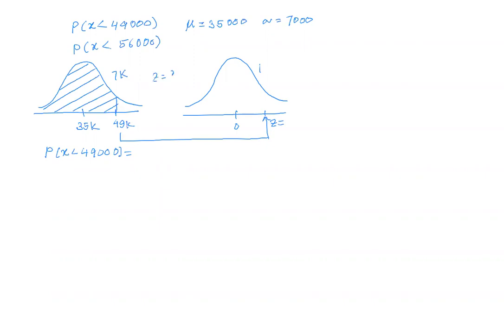Z is equal to X minus mu over sigma. I can go back and forth between these two, and I'm just going to find it right here. Z is equal to X minus mu over sigma. X is the point in question, which is 49,000. 49,000 minus mu, which is 35,000, right?